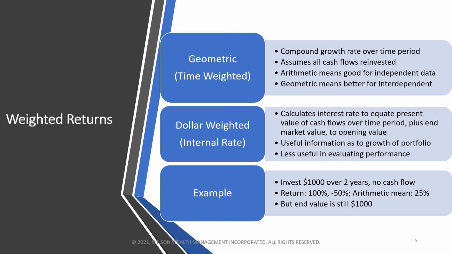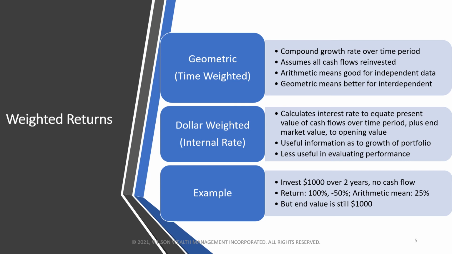It's useful in some ways as to the growth of the portfolio, but it's less useful and not often used to evaluate the portfolio itself. And a big reason for that is that there's so many external factors that can impact your dollar-weighted return measures.